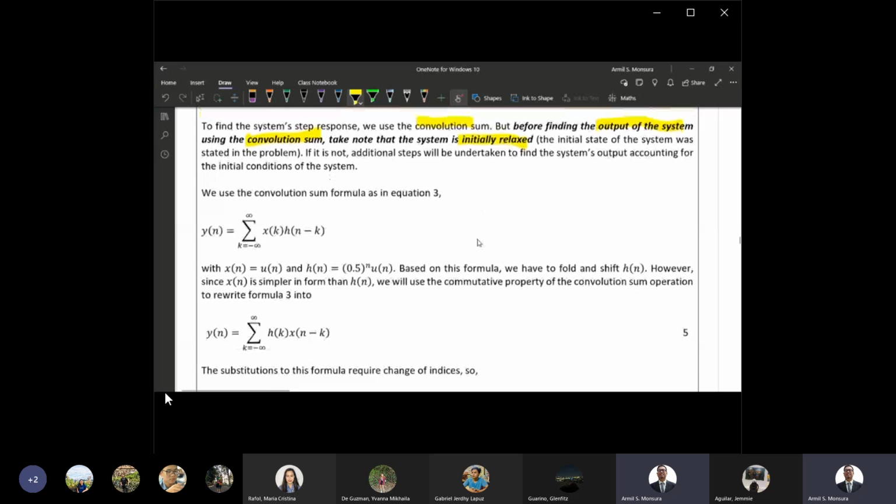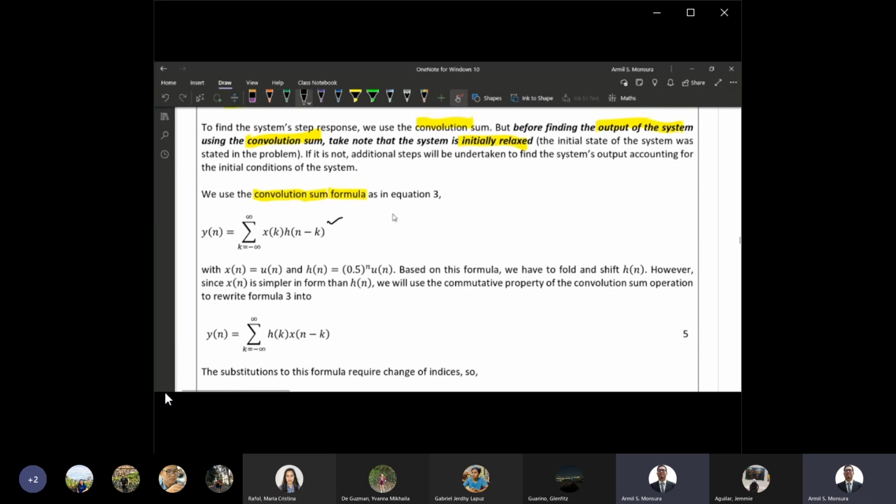Now, since we will be using the convolution sum, we need now the formula for your convolution sum, which is given in equation 3. We take note here that for this example, the inputs to this formula would be u of n, the step signal, for x of n, and for h of n, this is 0.5 raised to n u of n.